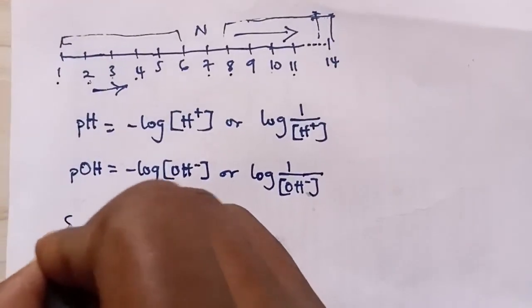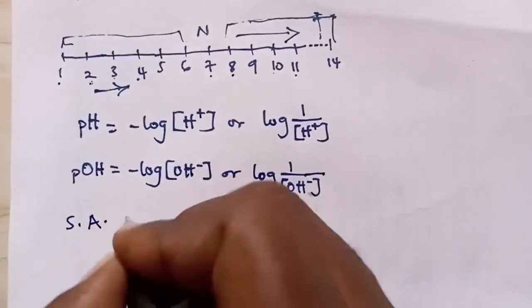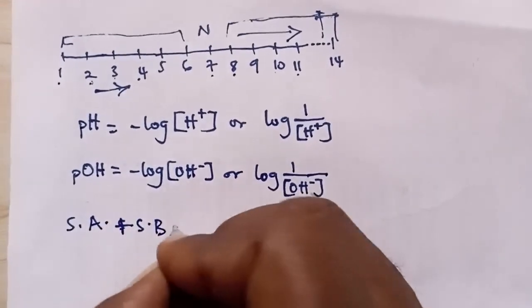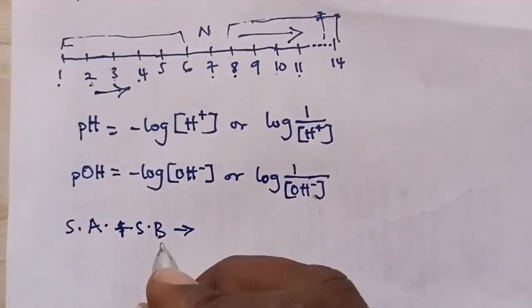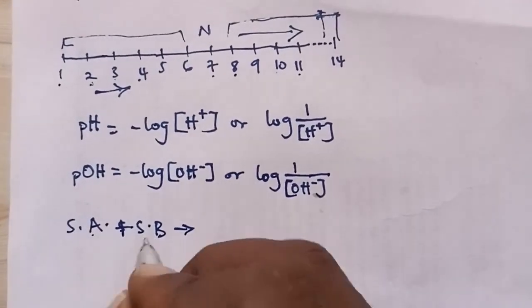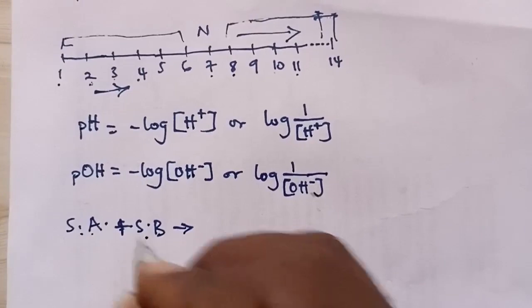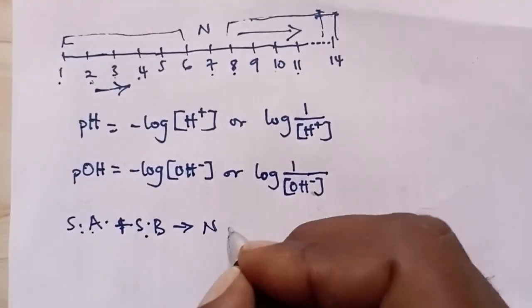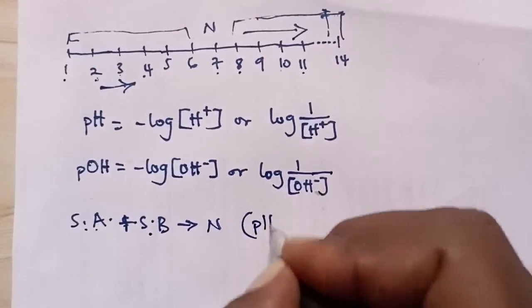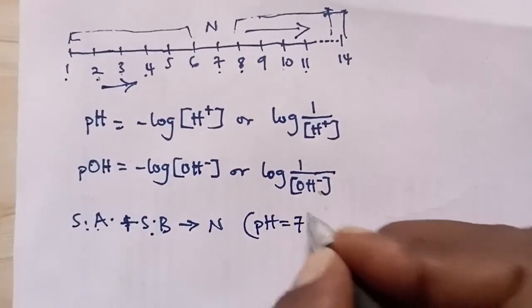If we have a strong acid against a strong base, you notice that this will be as strong as this, and it means that both of them will neutralize each other, so it will be neutral, and because of that, our pH will be 7, so neutral.